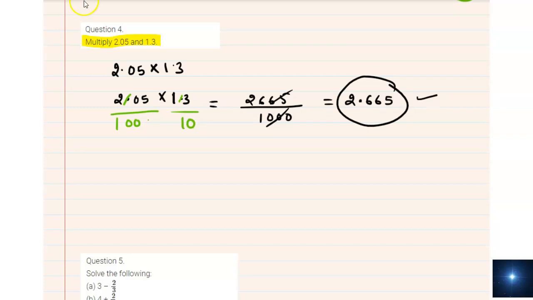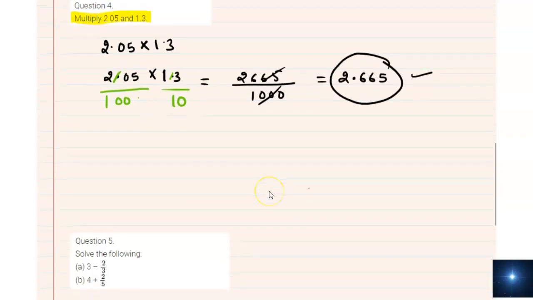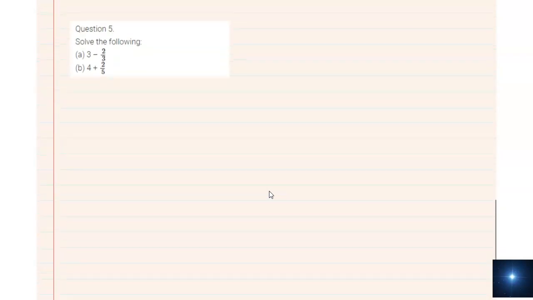We will move on to the next question. The fifth question says solve the following, where we have two questions, part A and part B. We will first solve part A.